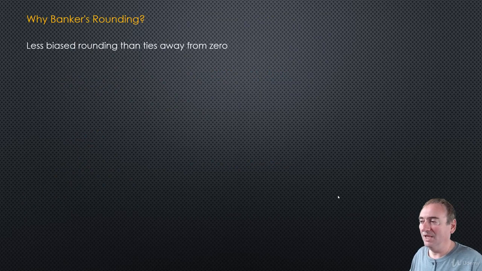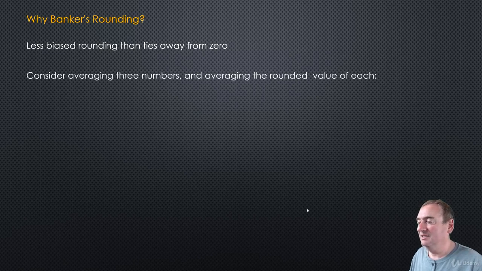Now, why do that? Why do banker's rounding? Well, it's less biased than always taking ties away from 0. And consider this. Let's say we're averaging 3 numbers. This really comes into play when you're doing a lot of computations with numbers, and banks do that, right? They add up amounts, maybe they calculate interest rates, and they need to round to, let's say, 2 digits after the decimal point.